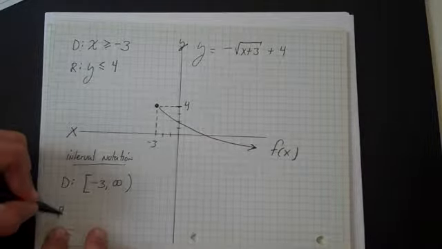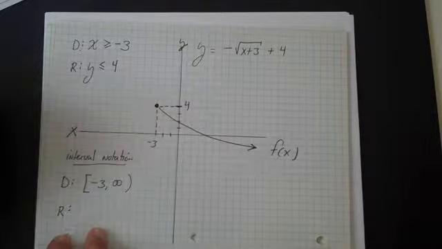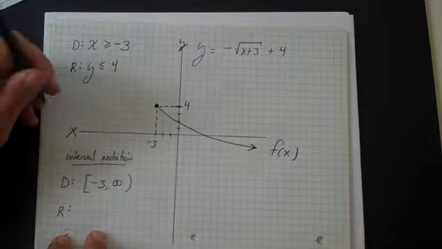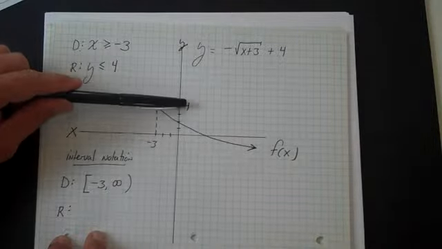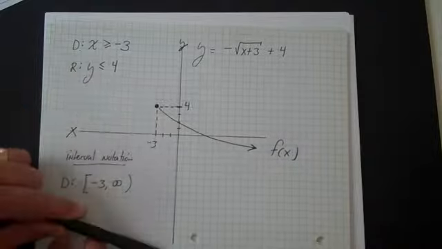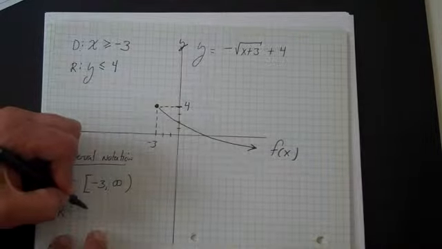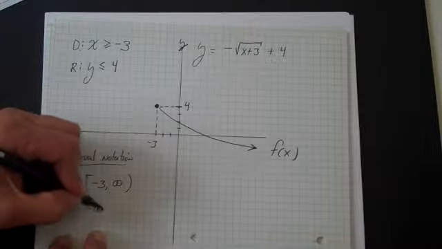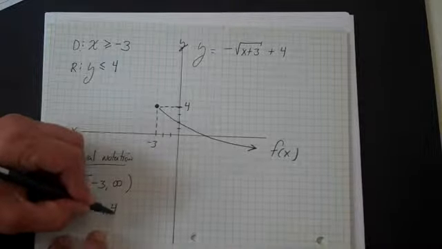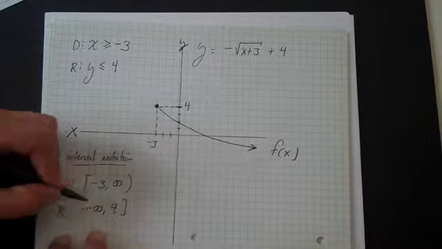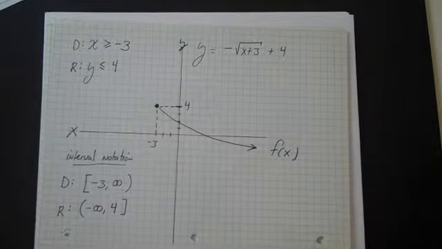Now let's look at the range. The range here will be everything from 4 and more negative than 4. We always start with the more negative number on the left. So that's everything from minus infinity to positive 4. It includes positive 4, with the infinity getting a parenthesis.